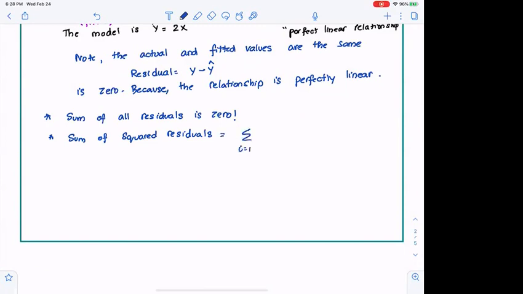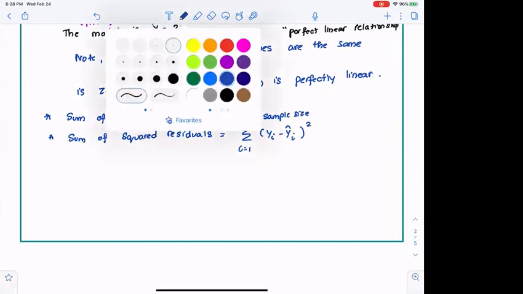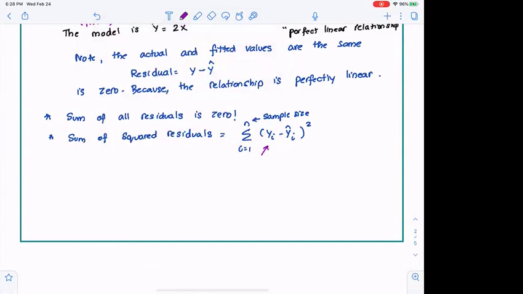So for each observation, and it's the sample size, I am going to have an actual value that is in the sample, the fitted value, so the fitted model is going to use different values of A and B. So we have the actual value and the fitted value.